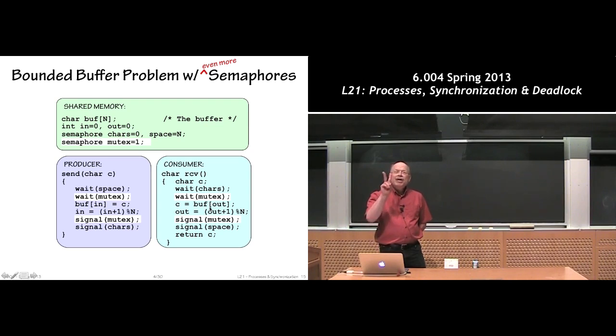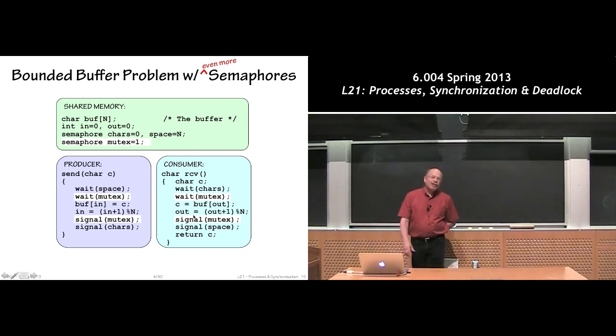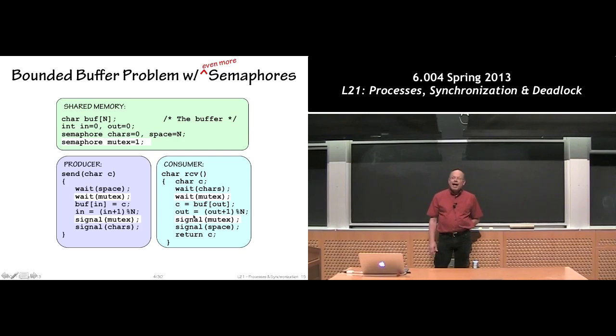But we've used a single mutex. So in some ways, maybe the best implementation of this code would have one mutex for producers and one mutex for consumers. You'd only have a shared mutex if you were manipulating the in and out together. If there was code that used out over here and code that used in over there, then you'd want a single mutex. Everybody sort of happy with that?